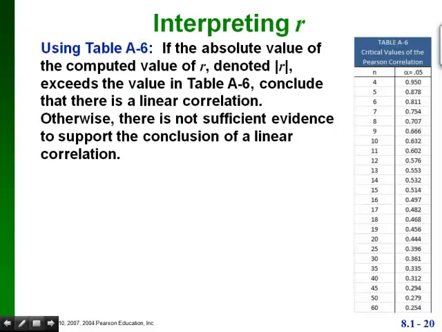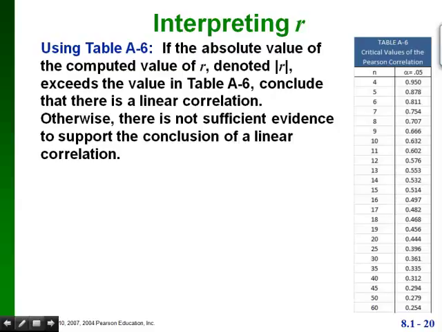Now the important thing is interpreting the correlation coefficient. And here's how we do this. If we have our correlation coefficient R, then remember that R can be either negative or positive. So we're going to look at the absolute value of it, which if it's a negative number just makes it positive. We're going to compare that to a critical value that we get from this table. This table is in the back of your book and it's available on Course Compass.